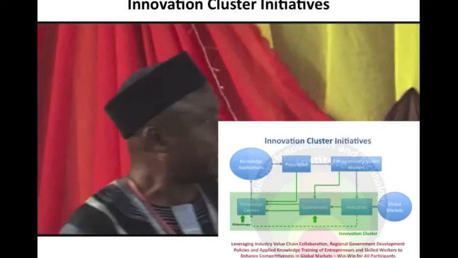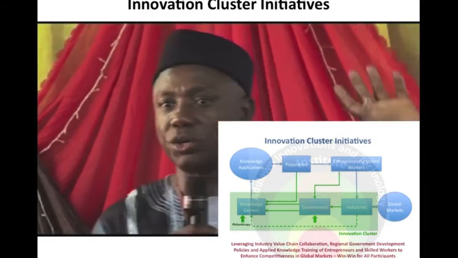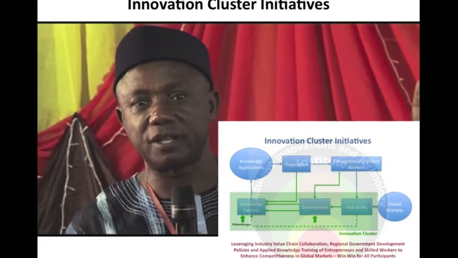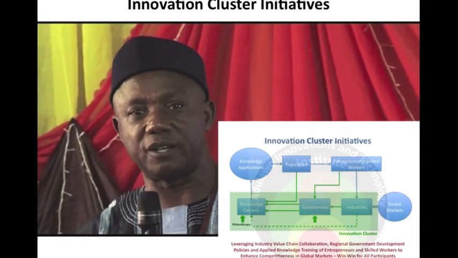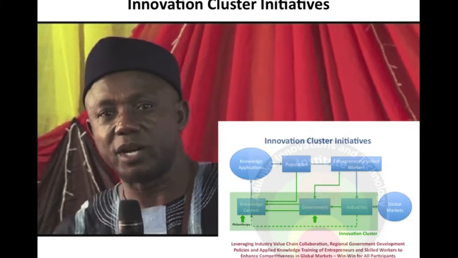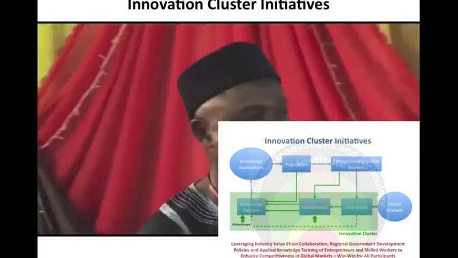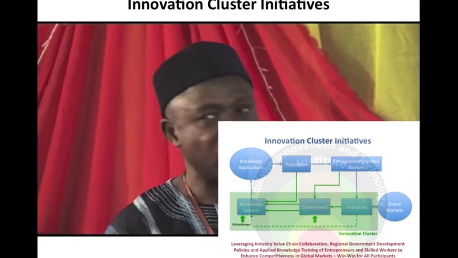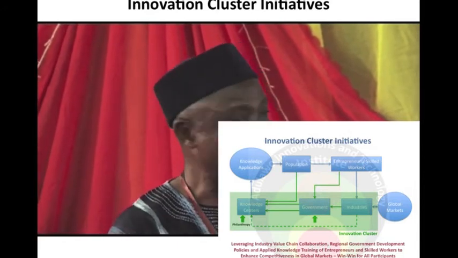Okay, now I'm taking you back to the chart that I showed you earlier. And I wanted to let you see physically where Professor Fabiro's reference to the triple helix fits. See, knowledge centers, policy centers, government, and enterprise centers.